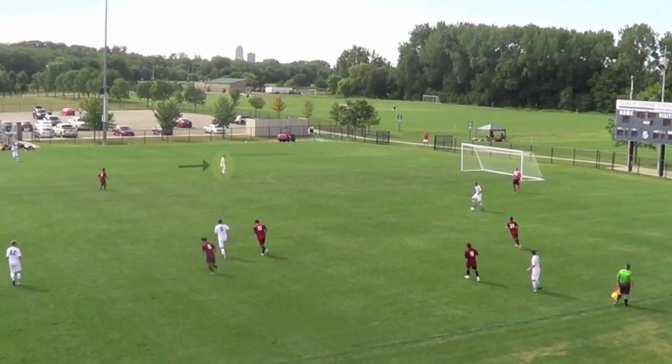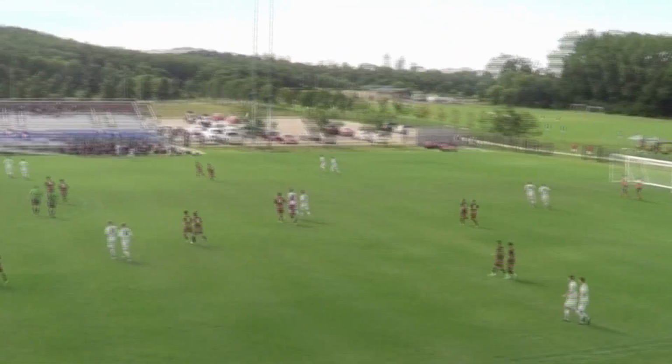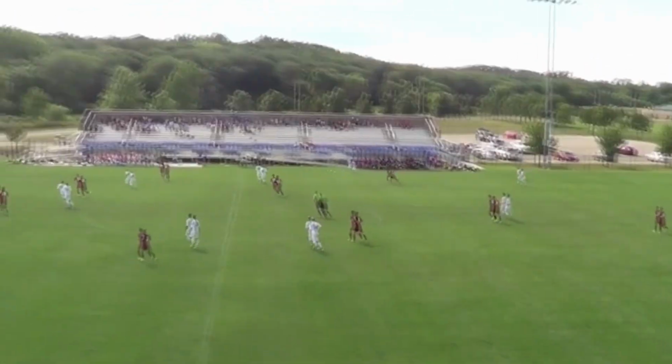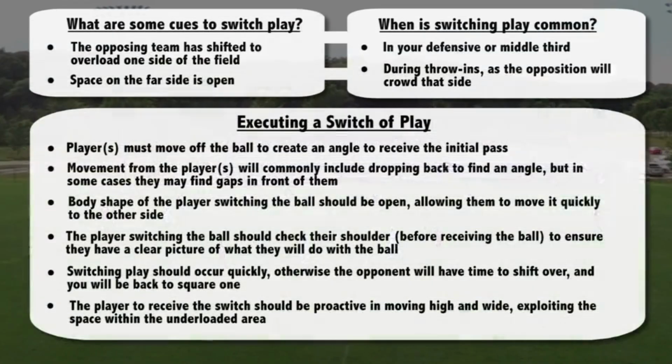The player on the very left side of the screen was positioned more centrally, but by staying engaged and picking up on cues that a switch of play was coming, he has moved into a higher and wider position. Because of this, the player in possession can skip the second link and play a more direct switch, which has resulted in lots of space for the white team to advance the ball forward. Before moving on to the lesson, here is a review of what we went over in this video.